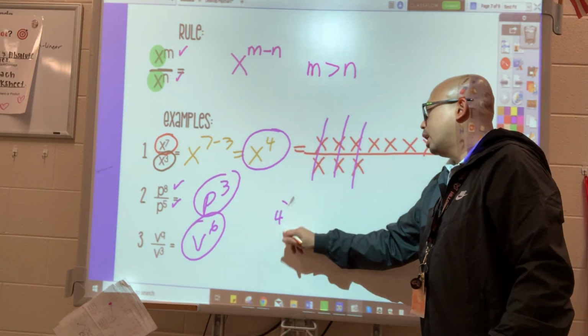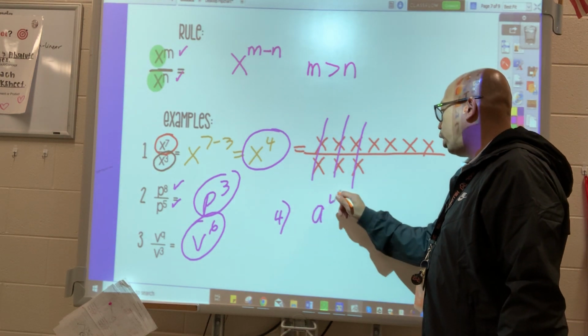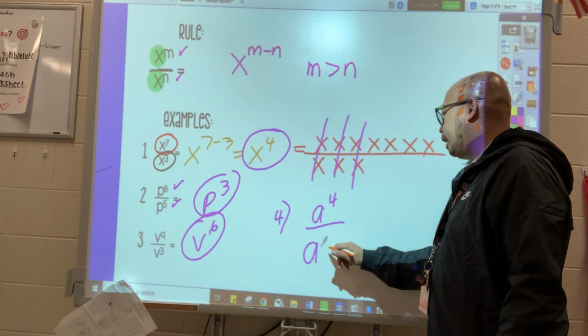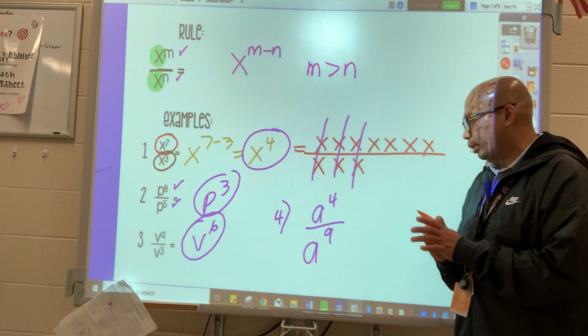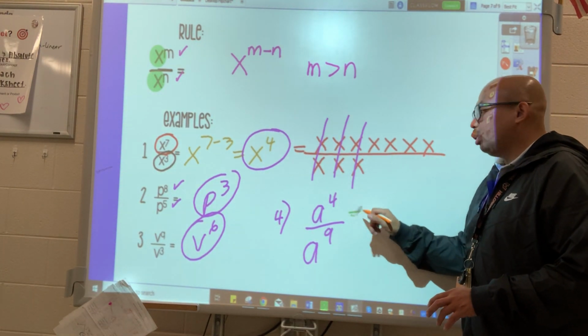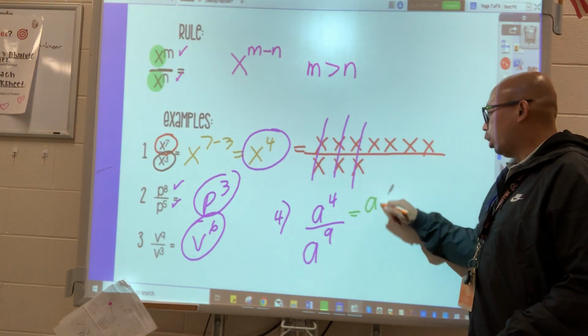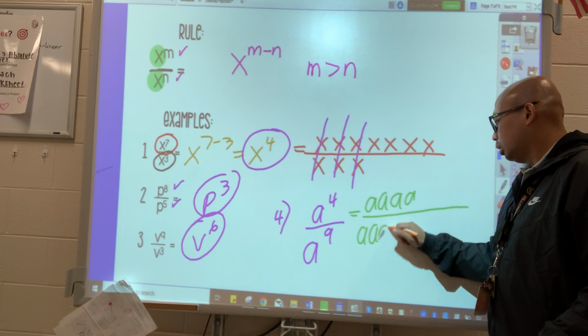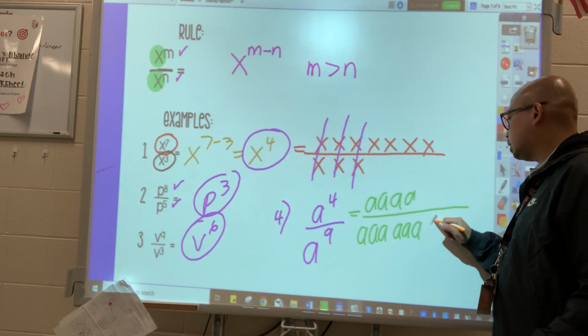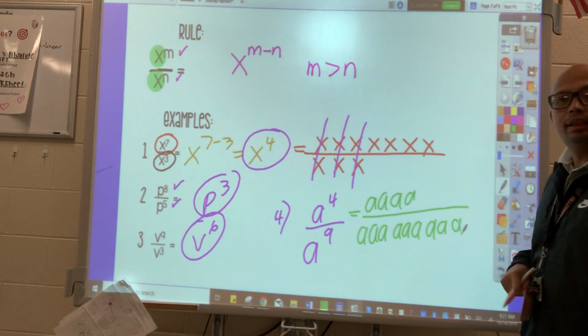Example number 4, let's say a^4 over a^9. Okay, think about this one here. Here's how I'm going to solve it. How many A's do we have on top? 4. How many A's do we have on the bottom? 6, 7, 8, 9, right?